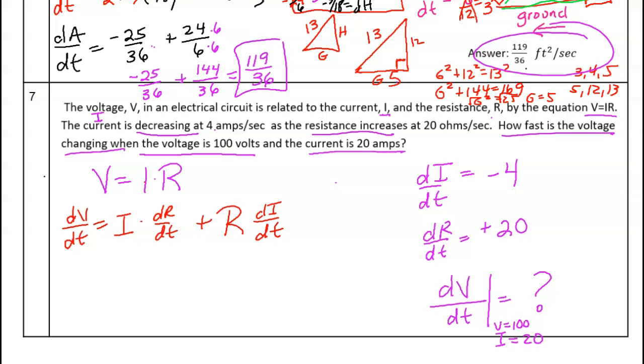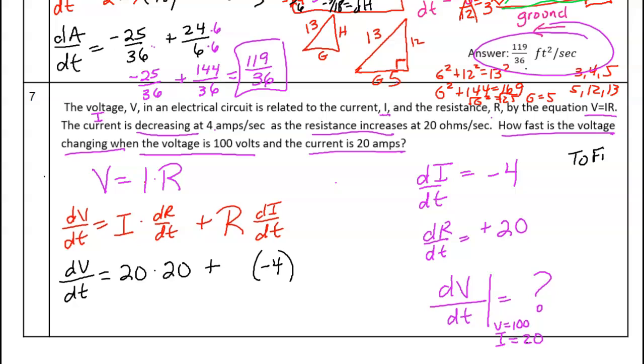Now we can plug in what we know. Well, I want to know dV, so I should be able to find everything else. So I is 20, dR is 20. R I don't know, but dI I do know. So I need to find R.